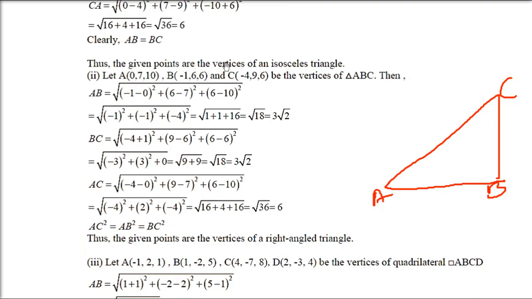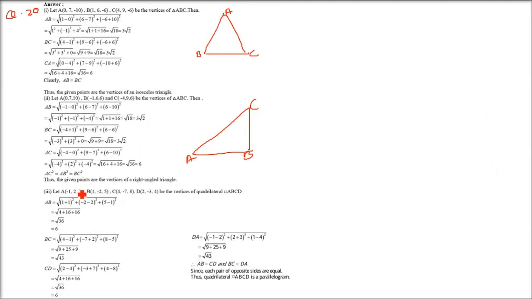So if you find out AB, BC, AC, AB and BC will be 3 root 2 and AC will be 6. 6 is higher than 3 root 2 and 3 root 2. So take the 6 square and take the addition of the squares of the other 2, that is 3 root 2 whole square, 3 root 2 whole square. 3 root 2 whole square is 18, 18 plus 18 is 36, so it becomes equal. AC square equals AB square plus BC square. So that means this is indeed a right angle triangle.